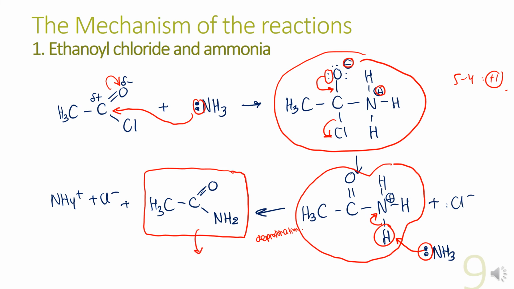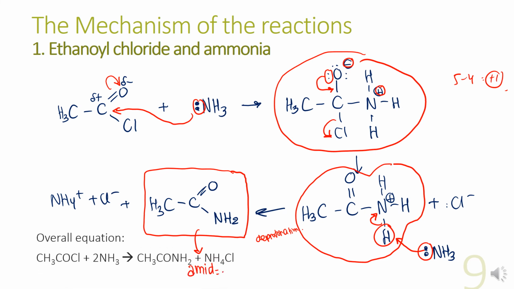Remember what this product group name is? It is amide. Okay, and then we also have NH3 gaining H plus to become NH4 plus, and the Cl minus is in excess there, so forming the ammonium chloride salt.